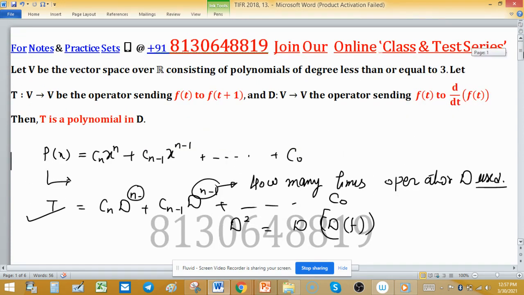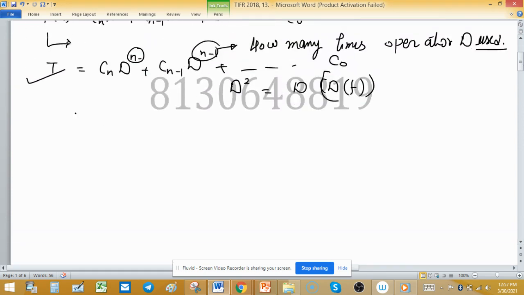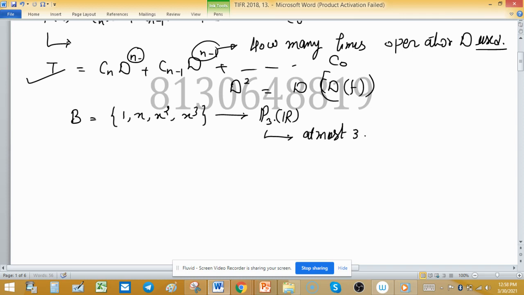The basis is 1, x, x square, x cube, for P3, meaning polynomials of degree at most 3. This is the notation and this is the standard basis.